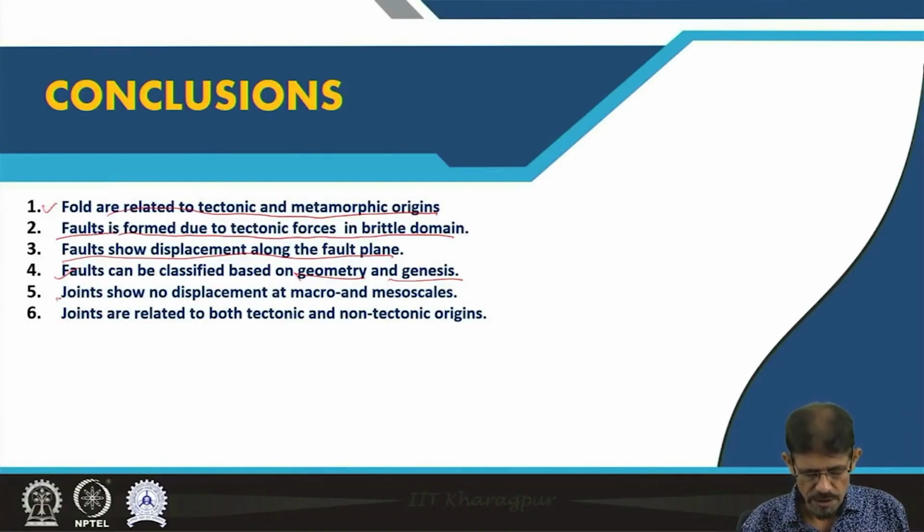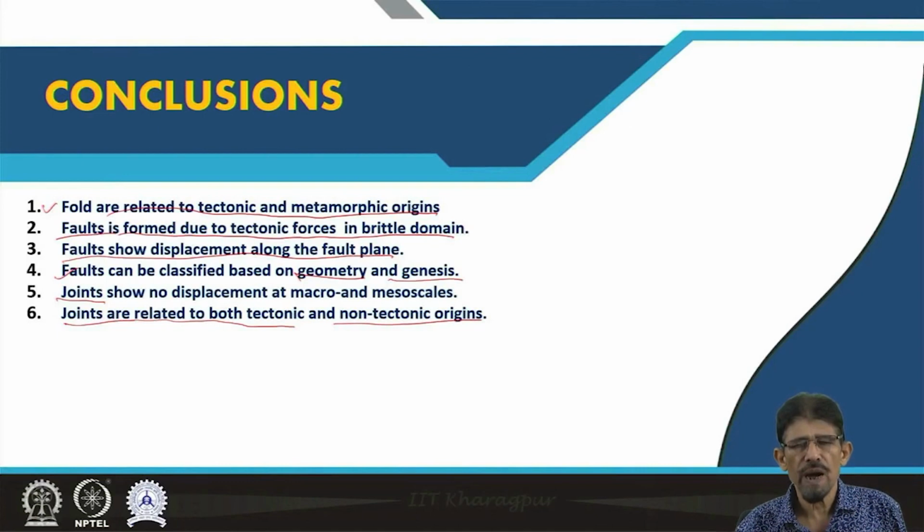And beside this, joints differ from faults due to lack of displacement. There is no displacement at the macro, mega, and mesoscopic scale, maybe some displacement at the microscopic scale. Joints are also related to tectonic and non-tectonic origin. In tectonic origin, in folded zones, when there is a release of stresses, there is a formation of joints, and joint formation represents the last phase of the release of stresses.